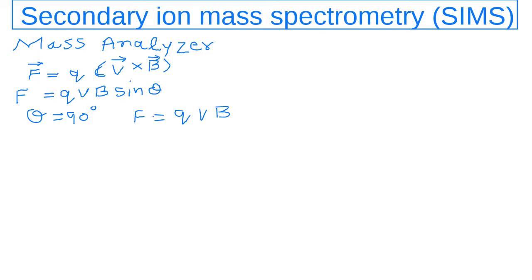Now we have to make clear what the details are in this case. Take this magnetic force. If you put QVB equal to m v square over r, we get the trajectory of a charged particle in the magnetic field.